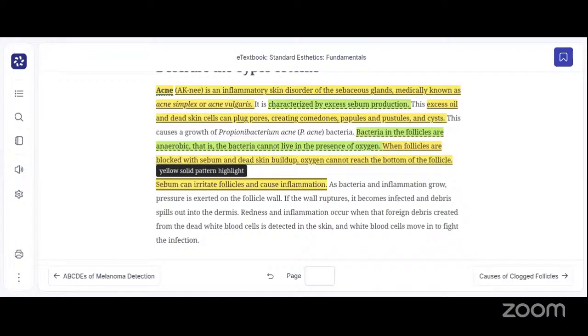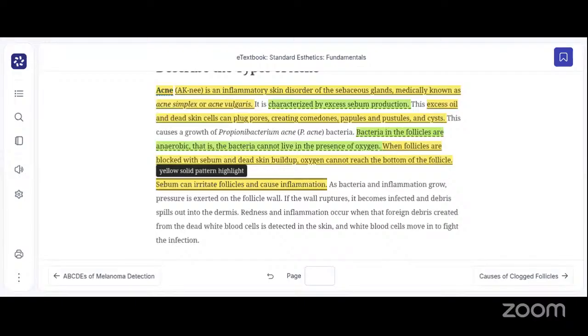When I see the word inflame, I should also see sensitivity, heat, and redness. When I see the word inflame, inflammation, inflammatory, I should also see those things. Okay? And so don't be fooled. Trust your eyes, but also understand what you know is what you know.